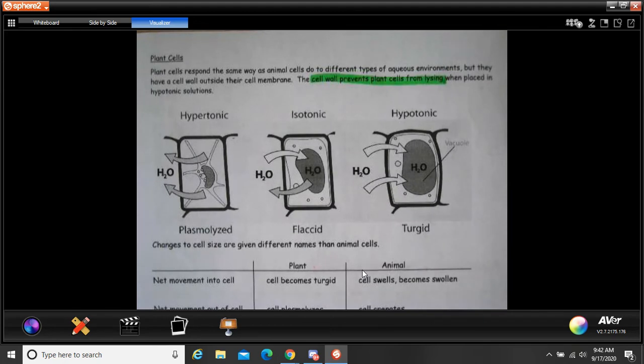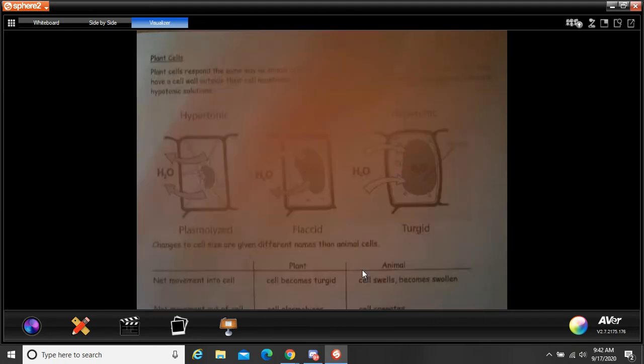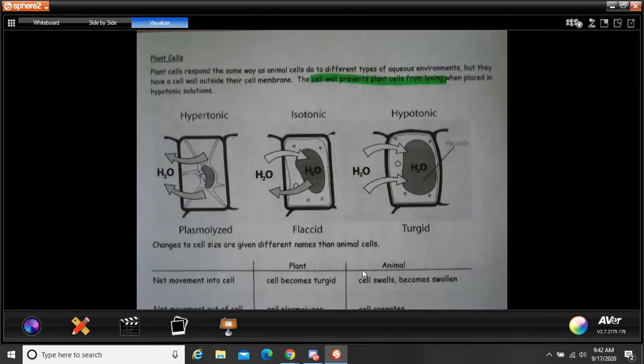Cell walls are rigid, and they're not really barriers. They're just a hard, rigid structure on the outside that gives some structural support to plants in their bodies and so forth. But it's not a barrier. Things can move in and out between a cell wall and the cell pretty easily.